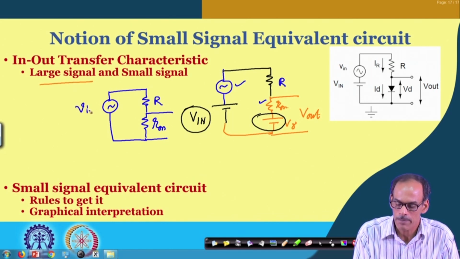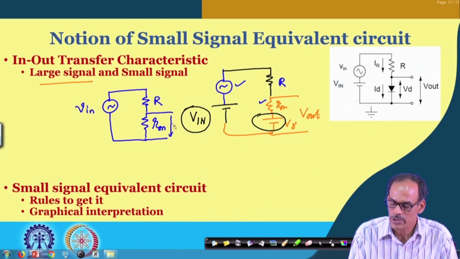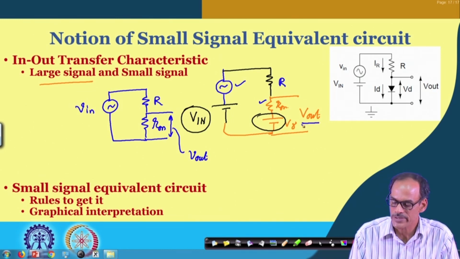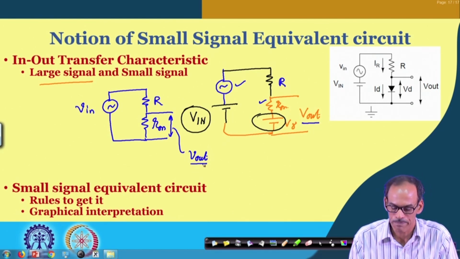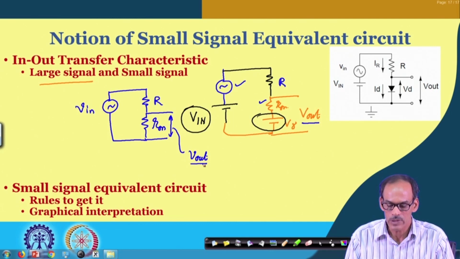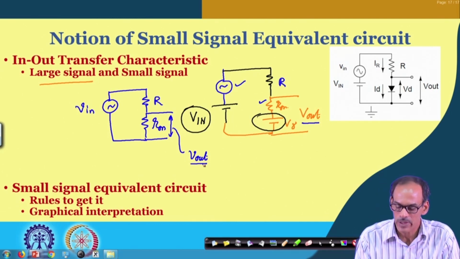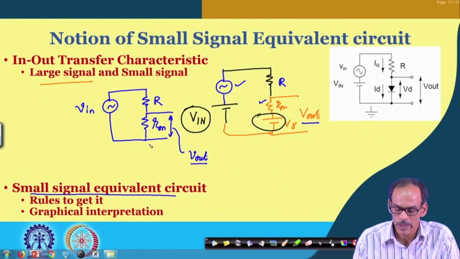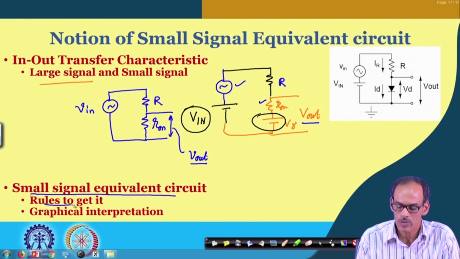This is small v in, and whatever the corresponding output we will be obtaining here, note that this is small v out. Here we are having capital V out containing both DC as well as AC, whereas here we do have only small signal part. So, this is referred as small signal equivalent circuit, and as you can see here, what are the rules?